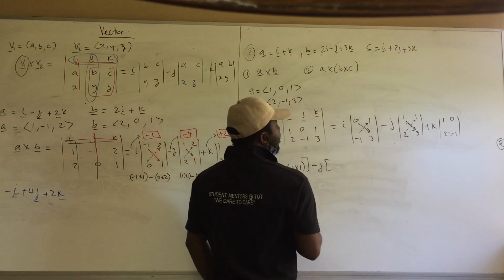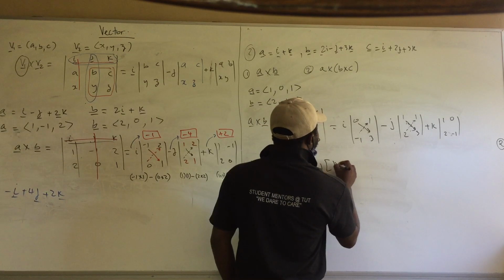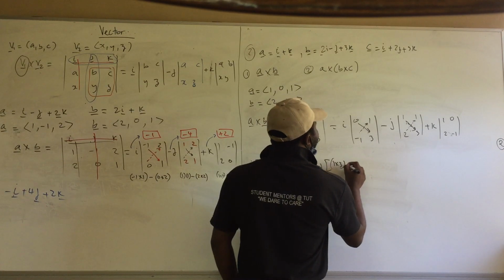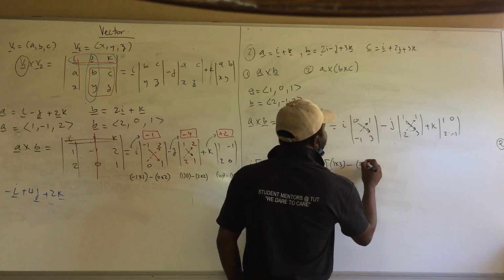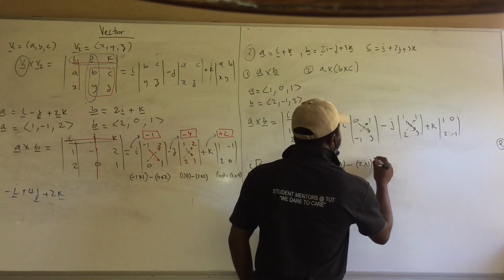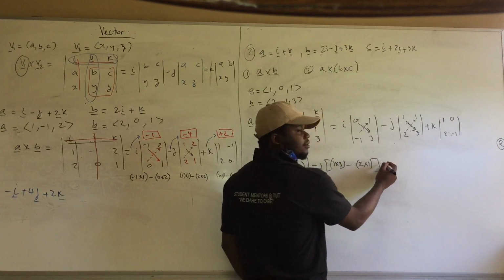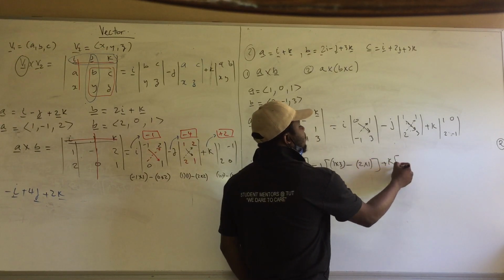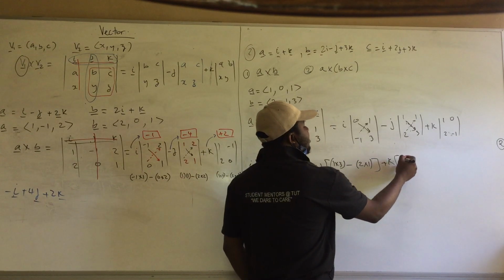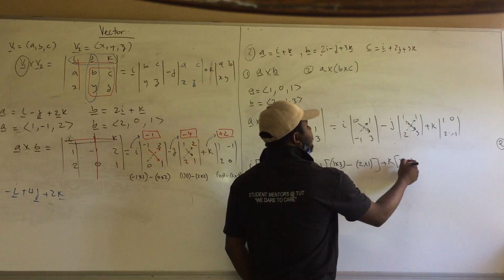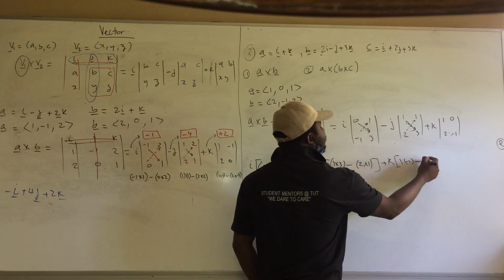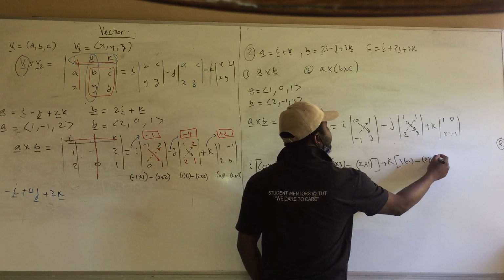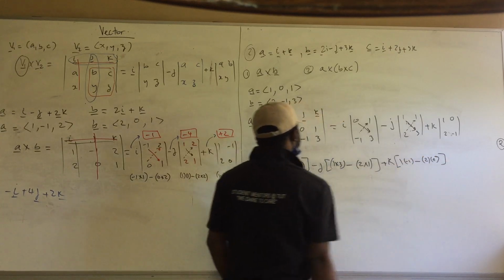It's going to give you 1 times 3 minus 2 times 1. Close the bracket, plus K, open the bracket, it's 1 times minus 1, minus 2 times 0, then you close the bracket.